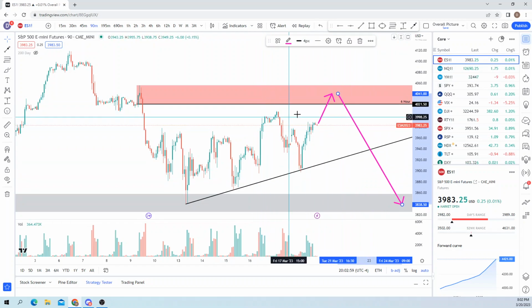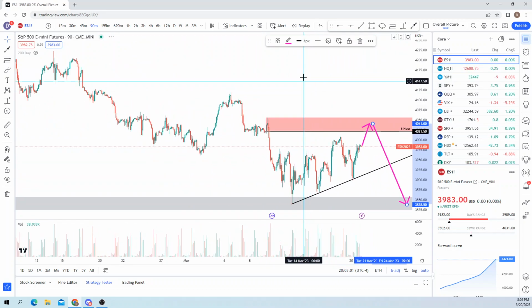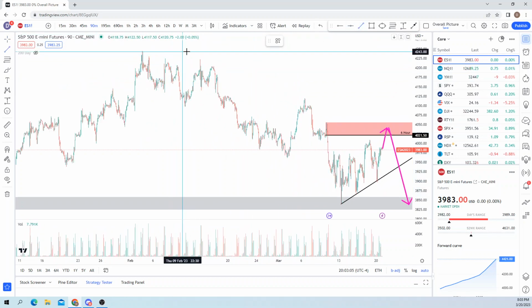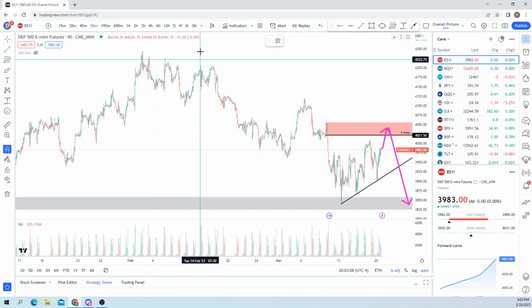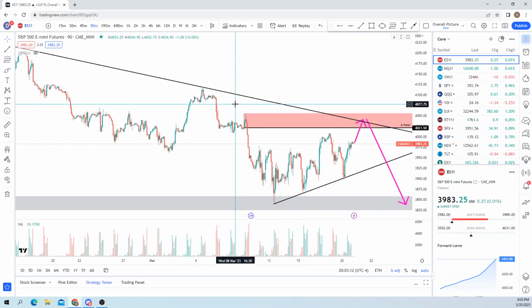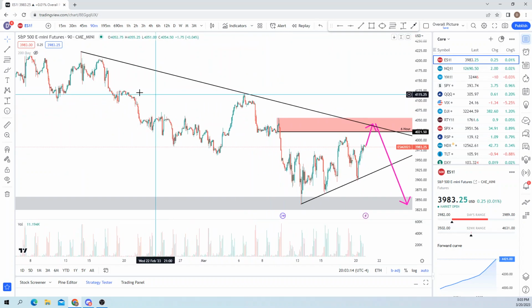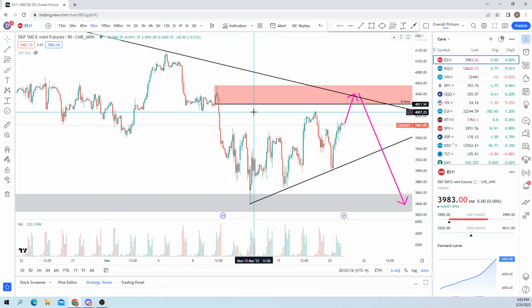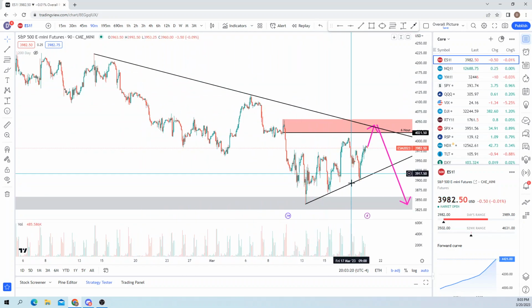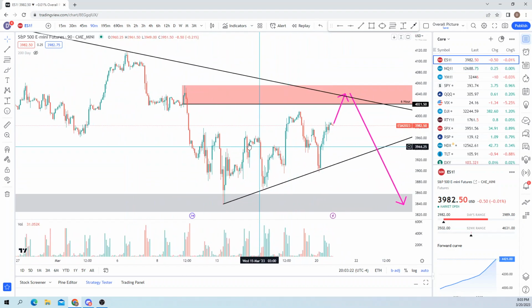So this 6-hour supply zone also lines up with a little bit of a trend line as well. So you could see it would have the supply and that upper trend line, which is kind of causing a wedge, right? You see the bottom and the top has been getting respected.